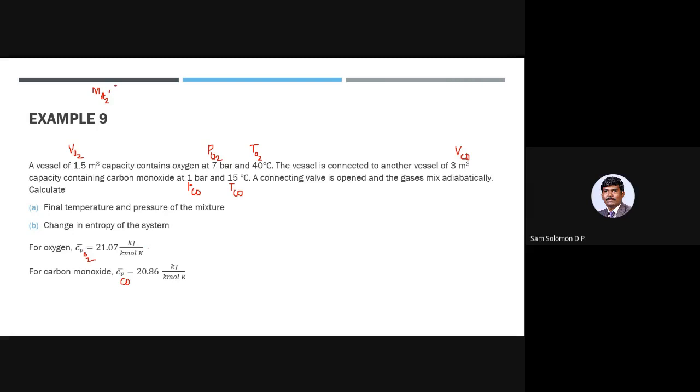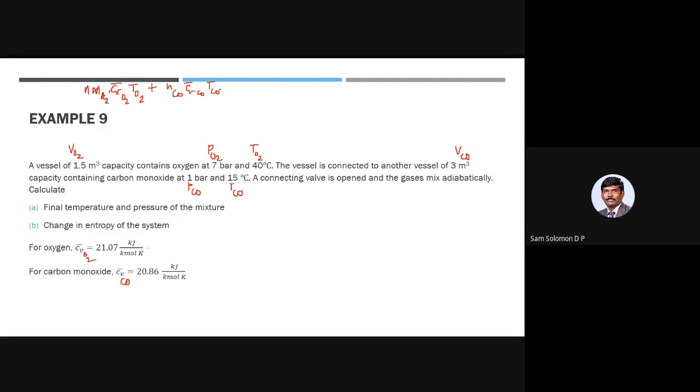Since we are using CV bar, instead of m, let us use n. n of O2 into CV bar O2 into temperature of oxygen, plus n of carbon monoxide into CV bar of carbon monoxide into temperature of carbon monoxide.